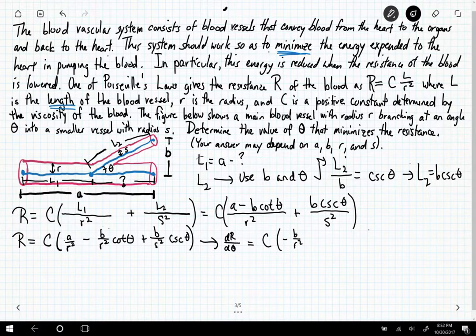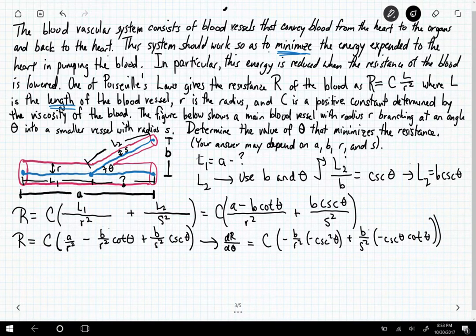We can pull that out in front. The derivative of cotangent theta is negative cosecant squared of theta. And then for our next one, we have B over S squared, so that'll remain as is. And then derivative of cosecant theta is negative cosecant theta cotangent theta.